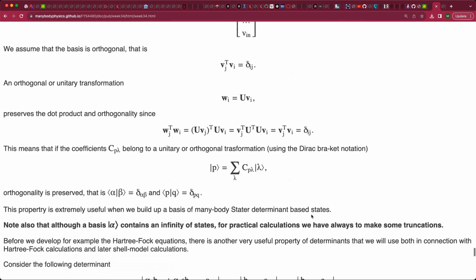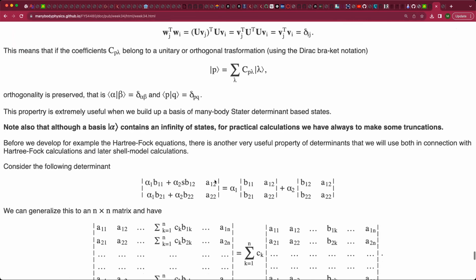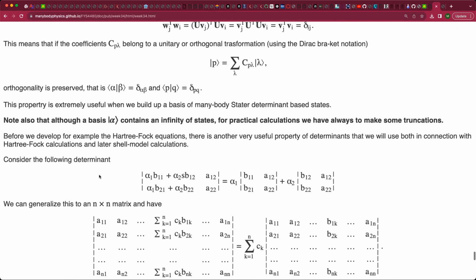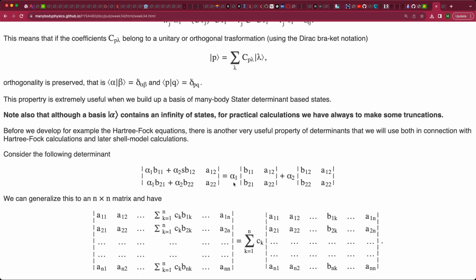Now, one thing which is interesting for us is the many-body basis, and this is related more to the exercises. If you think of a determinant, the thing which is important is, if we now have a linear combination here between coefficients of a determinant, you can actually show that this relation here applies.